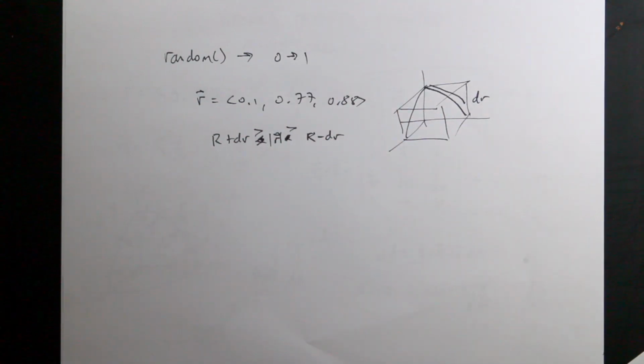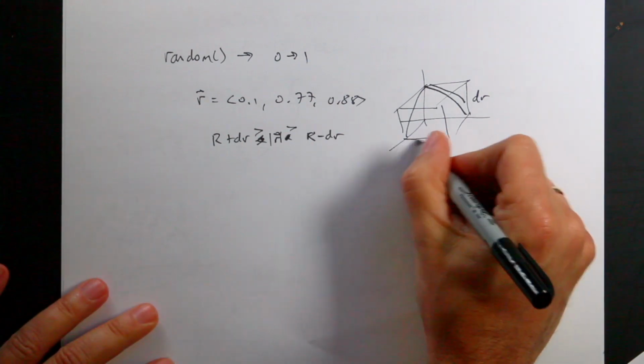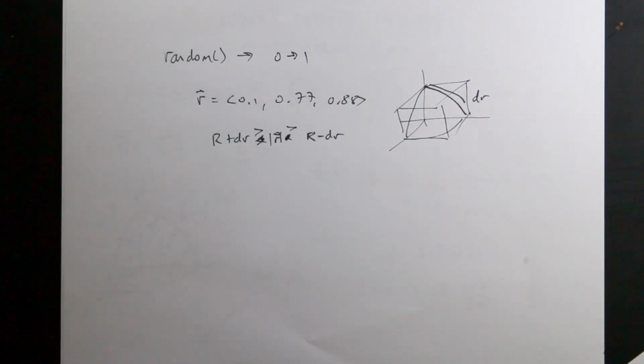Otherwise, I'm just going to throw it away. And then that should help me build up my space like that. So I'm going to generate all those cubes, but I'm only going to accept the ones that fit in that tiny little shell. Okay, so let's get started. We got a lot of work to do. It's going to be awesome.